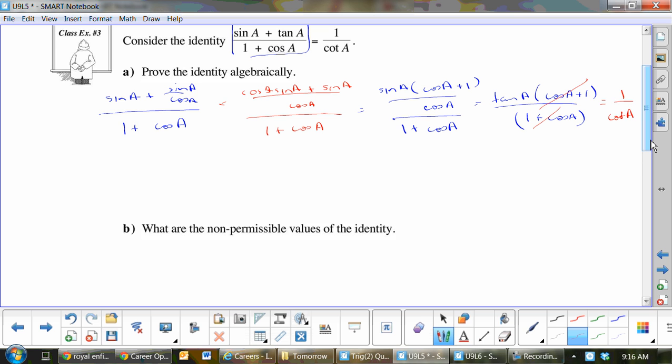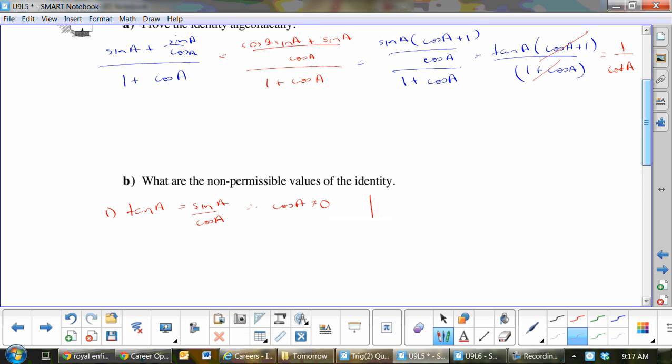Okay, what are the non-permissible values? Okay, let's go through all of them. So the first one I'm going to talk about is that tan A at the top. So tan A equals sine A over cos A. Therefore, cos A cannot equal 0.